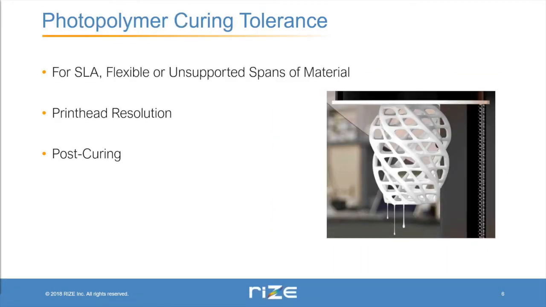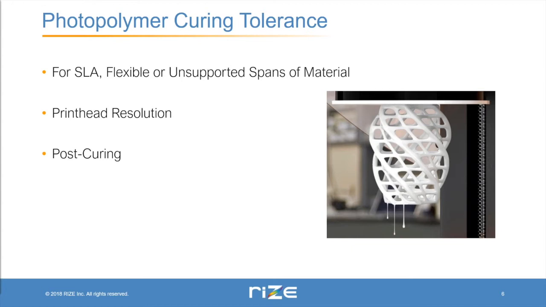And then the last major category of 3D printing I'll discuss here is photopolymer curing. And this takes on several different forms. The two major ones are SLA, wherein a part is built out of a vat of photopolymer resin, and each layer is built using either lasers or a projection of light to cure the material onto a build surface as it gets lifted out of the photopolymer resin.